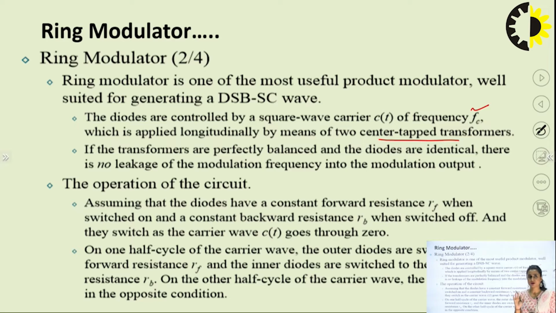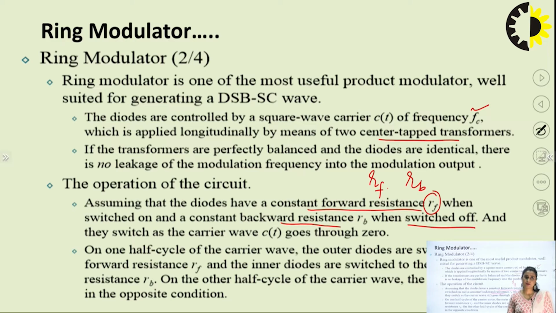How does the circuit operate? Assuming the diodes have a constant forward resistance RF when switched on, and a constant backward resistance RB when switched off.